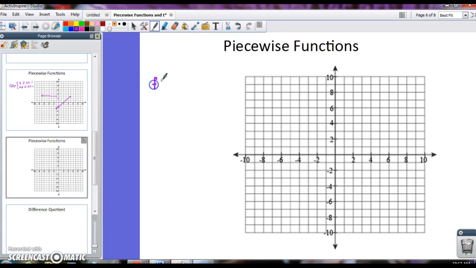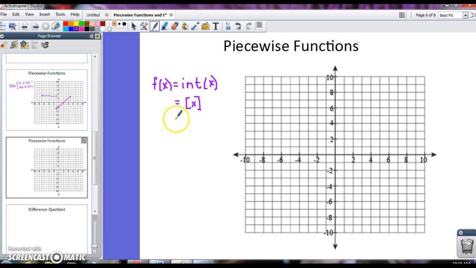You'll see it written a couple different ways. Sometimes you'll see it written like this, or you might see it written like this. And they mean the same thing. The greatest integer function is the largest, or the greatest, integer less than or equal to the number.